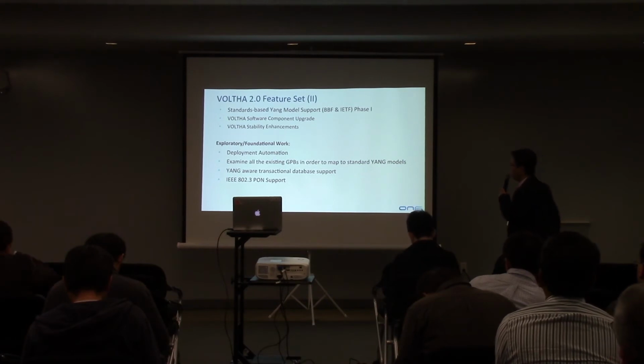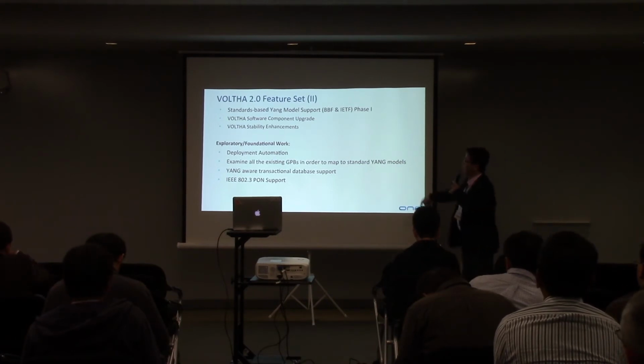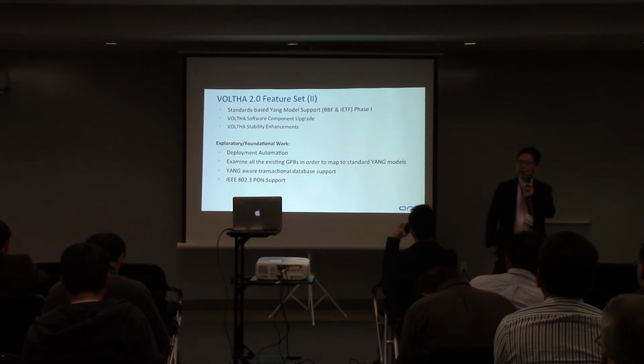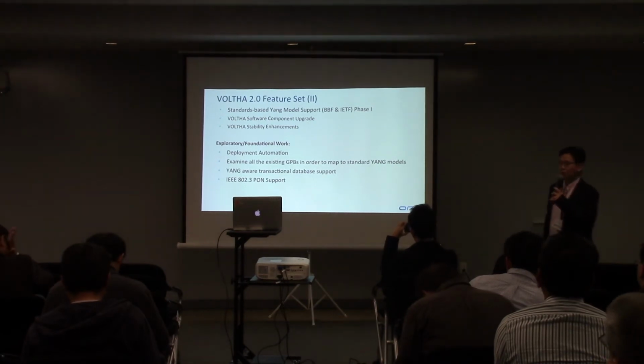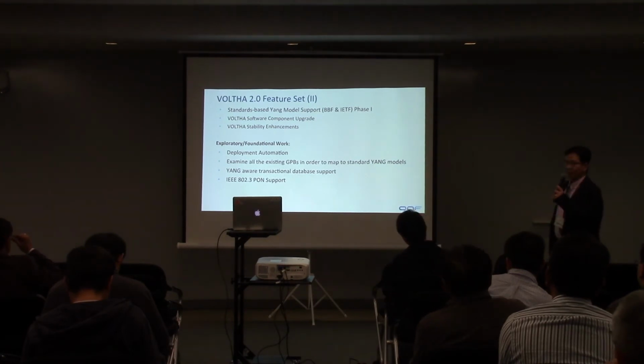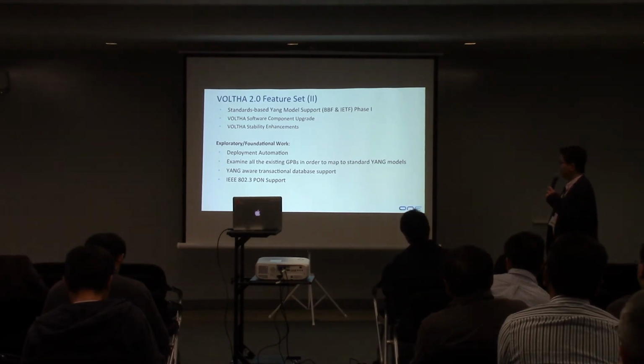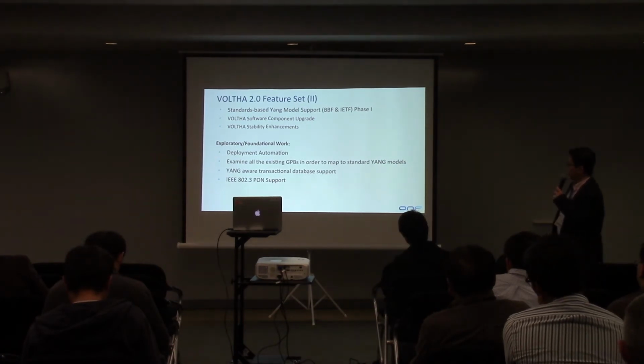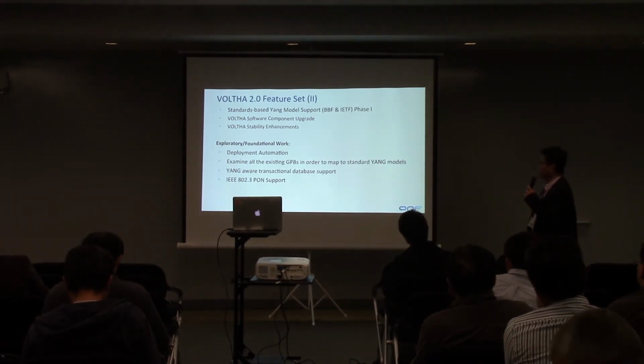As you can see, examine all the existing protobuf in order to map to the standard YANG model. That's one of the things. I think that part probably requires a lot of community work to go through because it is massive. YANG model, transactional database, and then the IEEE 802.1, 802.3 PON support.